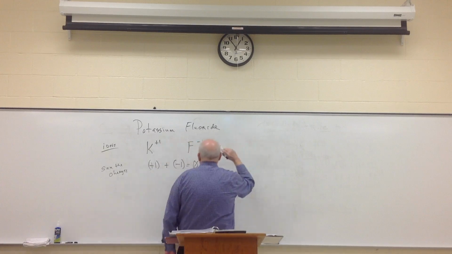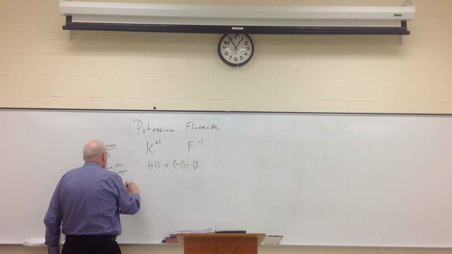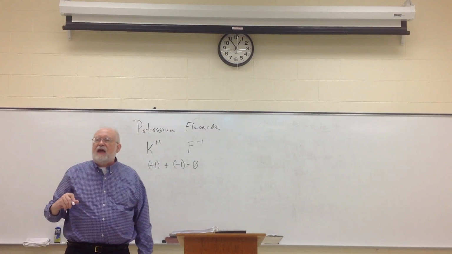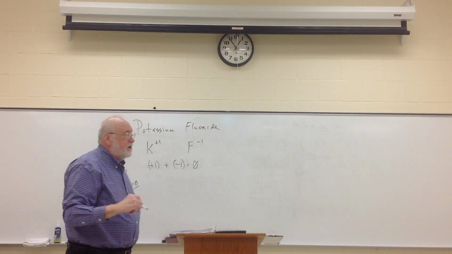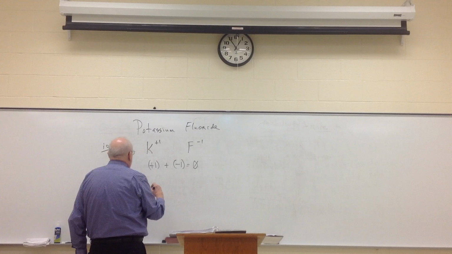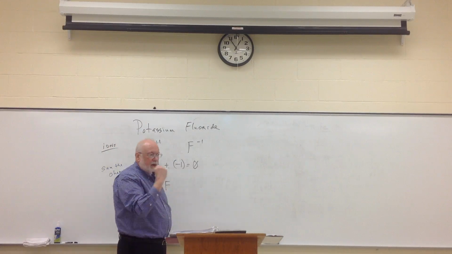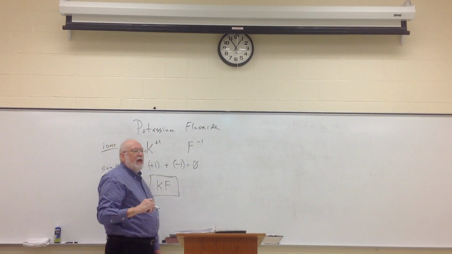Now, if the sum is 0, then all you need is one cation bonded with one anion, and it's done. So now we're just going to put it in final form, which is going to be KF, and there it is.